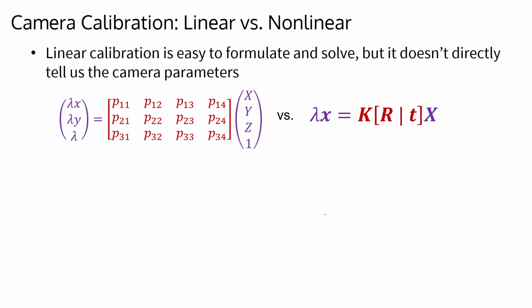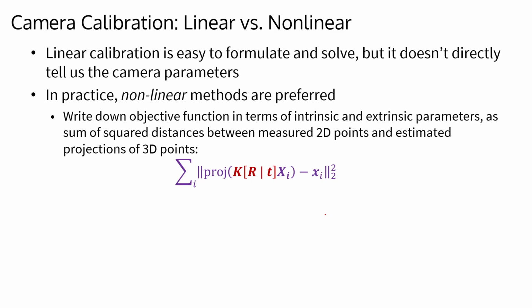There are linear versus nonlinear camera calibrations. Linear calibration is easy to formulate and solve, but it doesn't directly tell us the camera parameters. So in practice, nonlinear methods are preferred. Write down the objective function in terms of intrinsic and extrinsic parameters as the sum of the squared distances between the measured 2D points and the estimated 2D points.